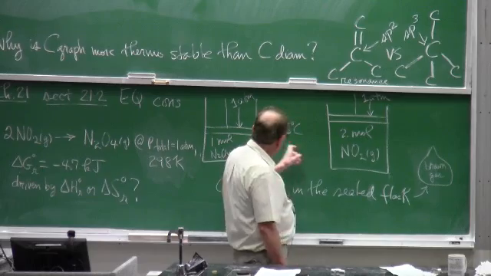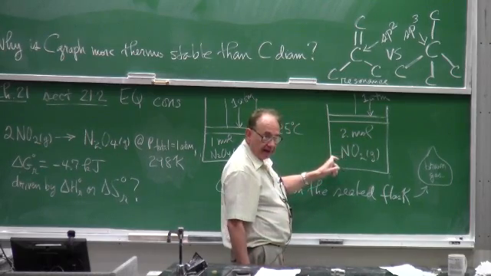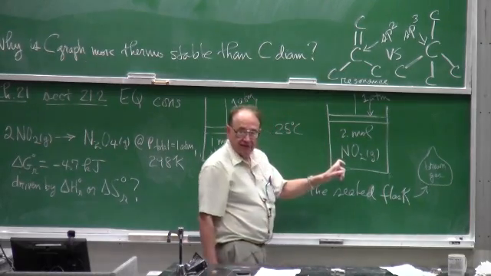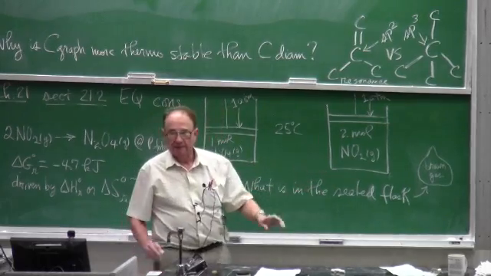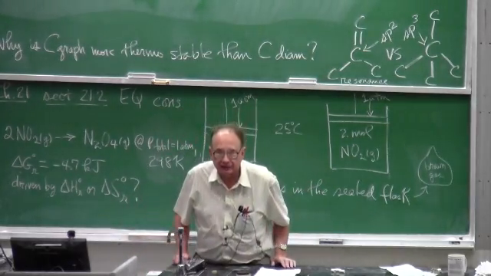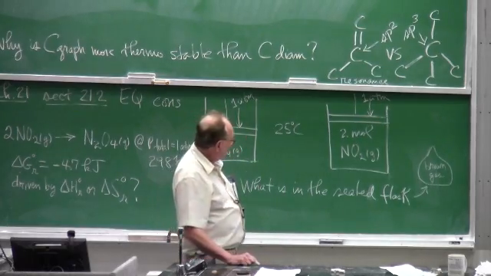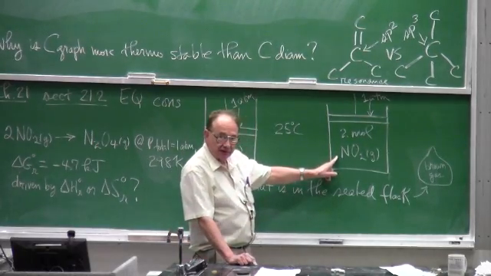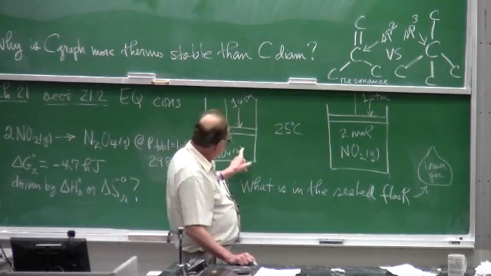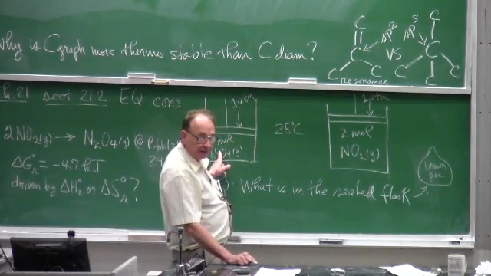So we know that if these gases obey the ideal gas law, PV equals nRT, which they do practically speaking, then the volume of this cylinder is twice the volume of this cylinder.